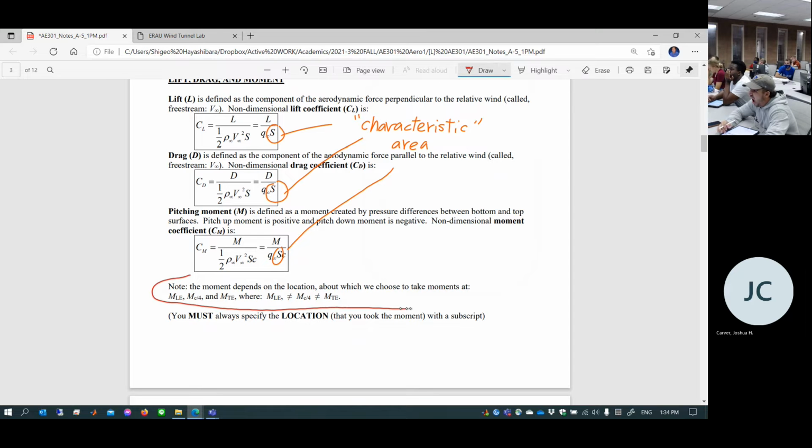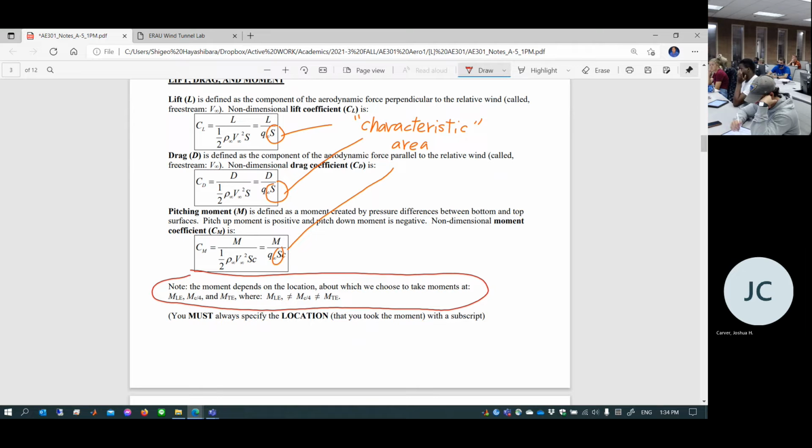In other words, if you're talking about moment, is that the moment at the leading edge, at the quarter chord, at the half chord, or at the trailing edge? You have to tell the location as a subscript. So moment and moment coefficient should always be associated with a subscript telling you the location along the chord. Moment taken at the leading edge, at the quarter chord, at the trailing edge, those are all different values.